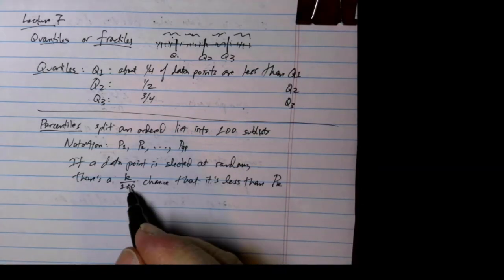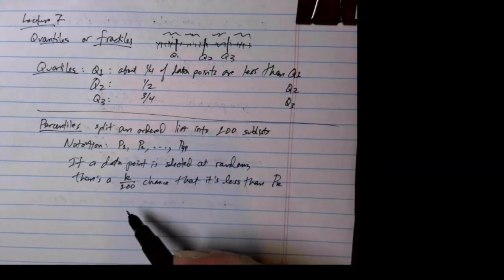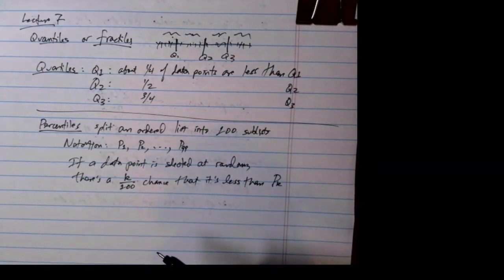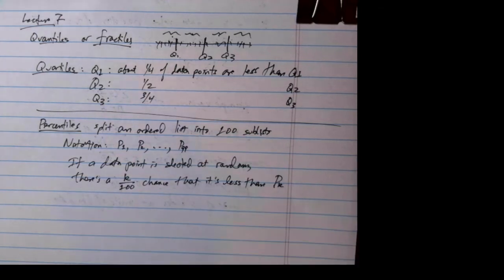So there's a 1 out of 100 chance that it's less than P1, because 1/100th of the data is less than P1. There'd be a 32 over 100 chance, or 32% probability, that the randomly chosen point is less than P sub 32, and so on.